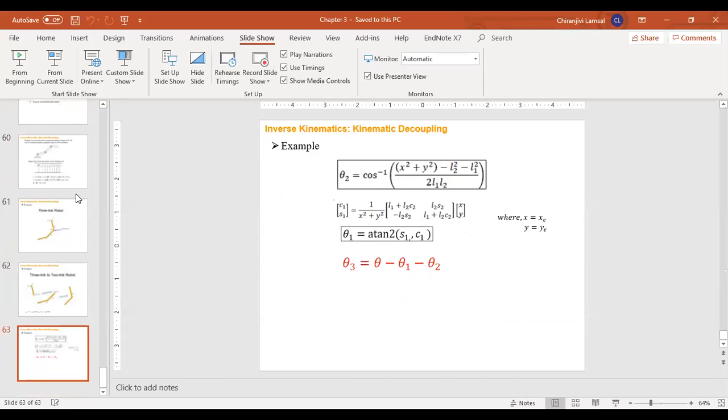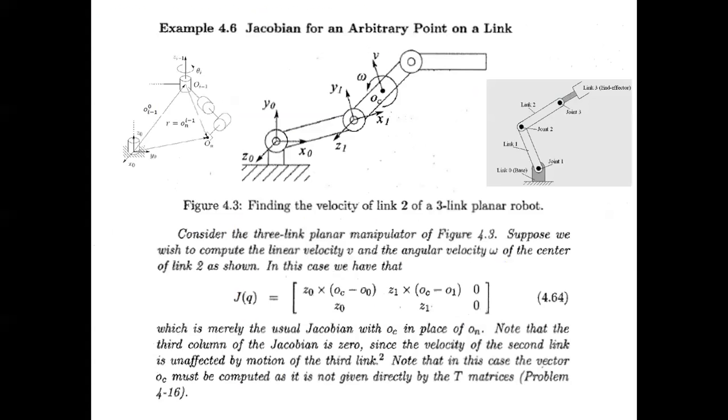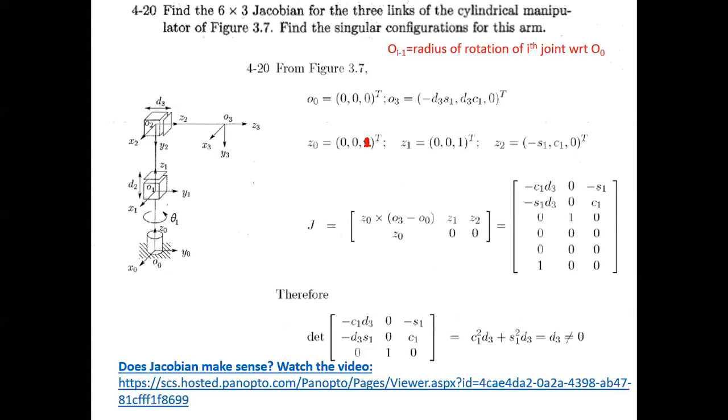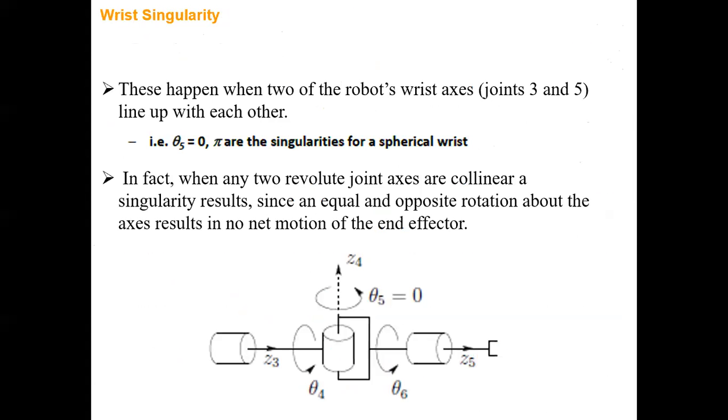Now let me go back. All right, so we have it here. Once you have A1, A3, A4, and A5, you can figure out Z3, Z4, and Z5. Then set the determinant to 0, and from there you can find this condition.